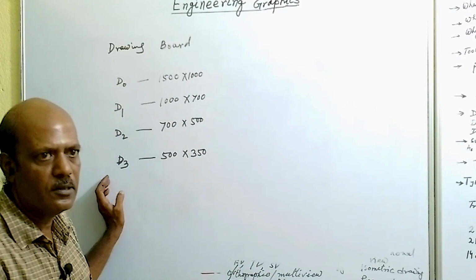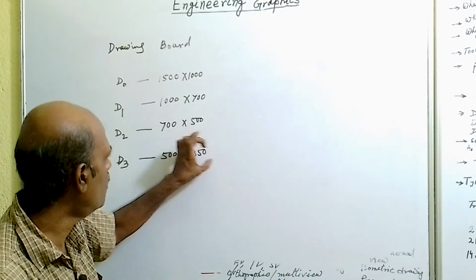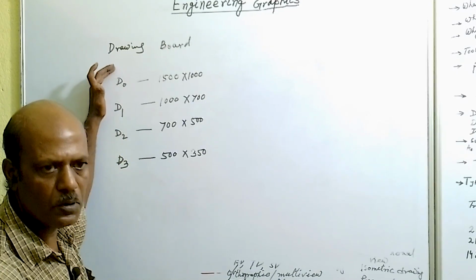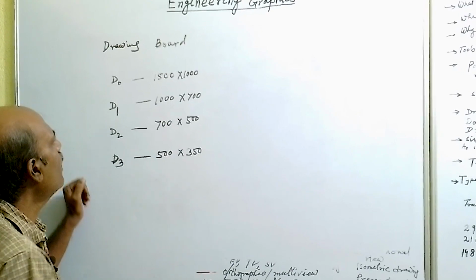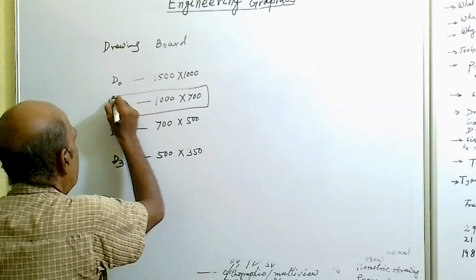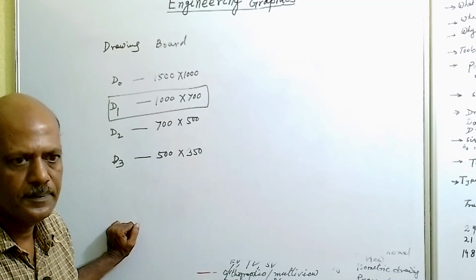So for smaller size drawing, we will use the smaller size board, and for larger size, we will use the larger size board, and for our requirement, this will be fulfilled by D1 size.